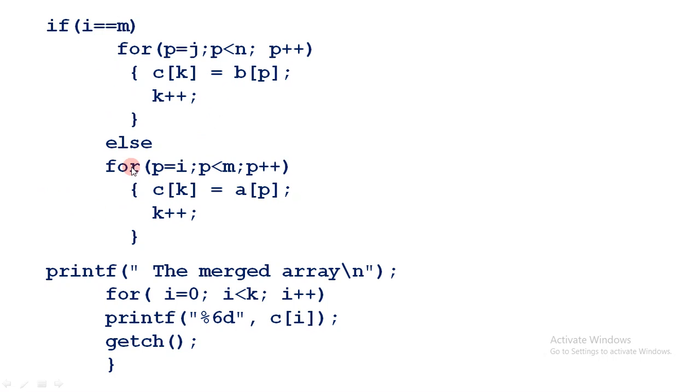If this is not true, that means B has got exhausted. Therefore, i was the index for A, so i has stopped at a particular location because A has not still exhausted. So it will start from where it stopped. p equal to i, p less than m, p plus plus, c of k equal to a of p, and k plus plus.